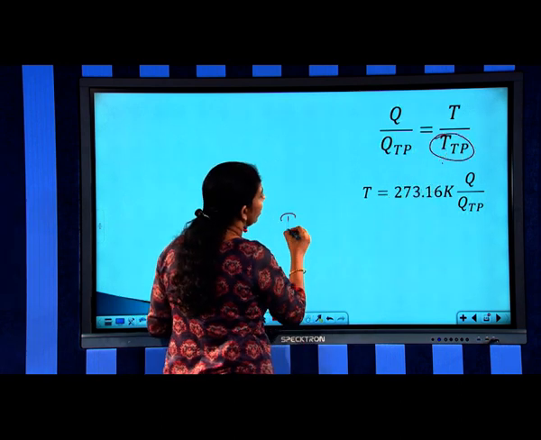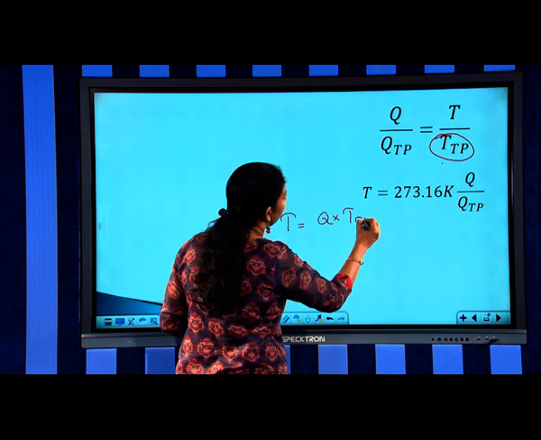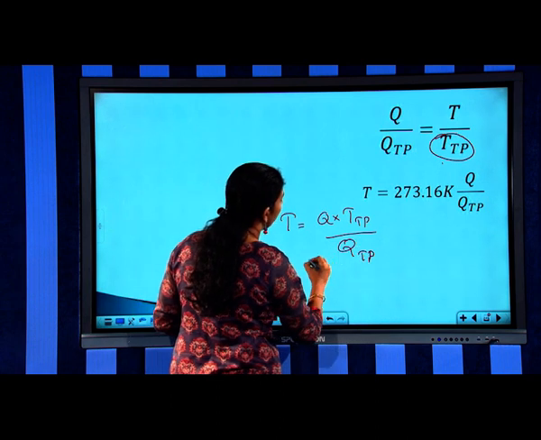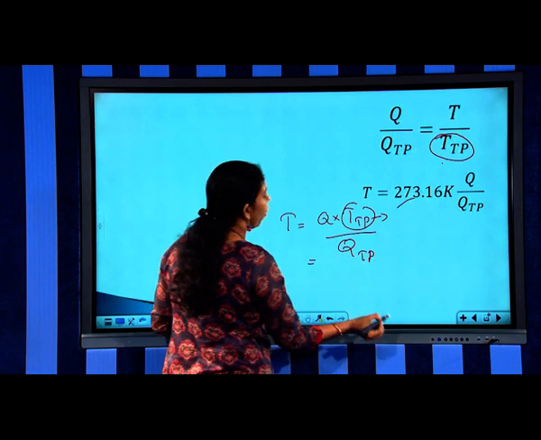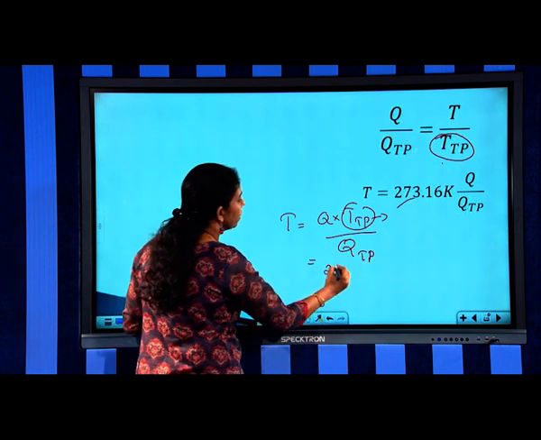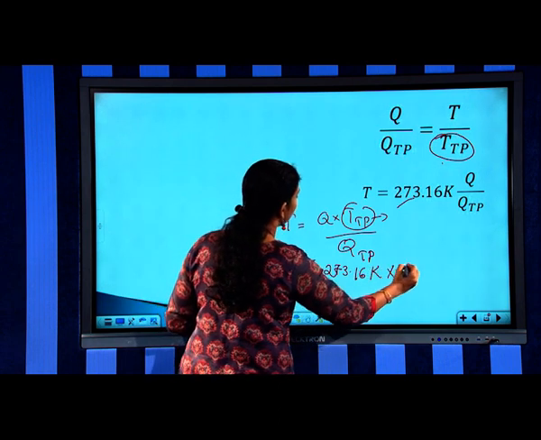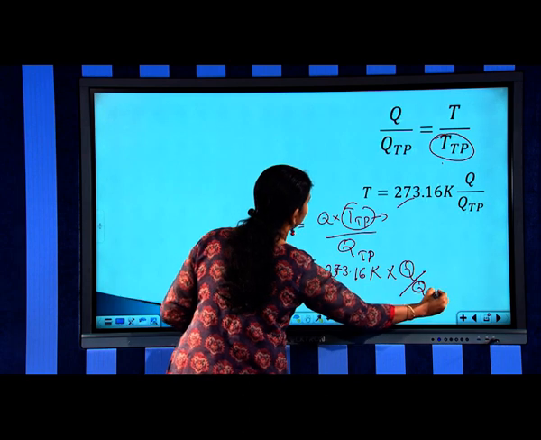Then T is equal to Q into T_TP by Q_TP, where T_TP is equal to 273.16 Kelvin, so T is 273.16 Kelvin into Q divided by Q_TP.